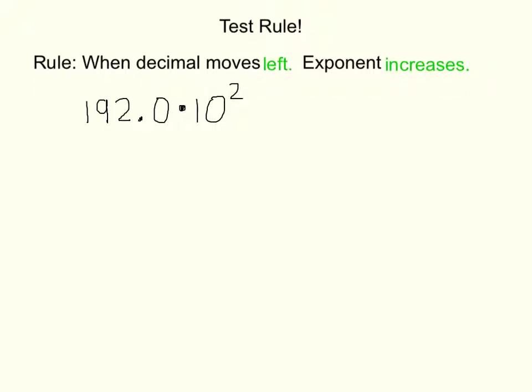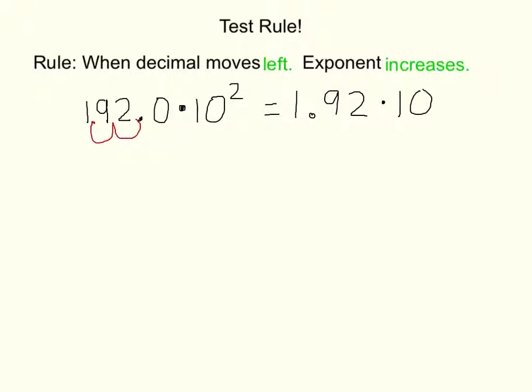To write this in scientific notation, we have to move the decimal into a location to make the number between 1 and 10. So I'm going to move the decimal right here between 1 and 9. So it would look like this. Now 1 and 92/100 must be multiplied by a base 10. But what is my exponent?